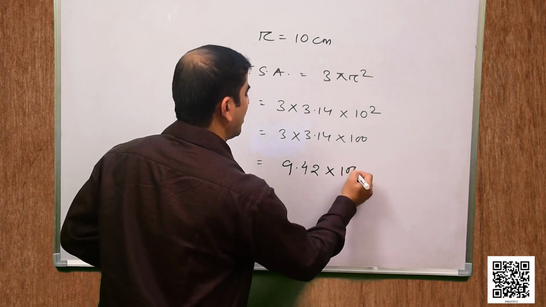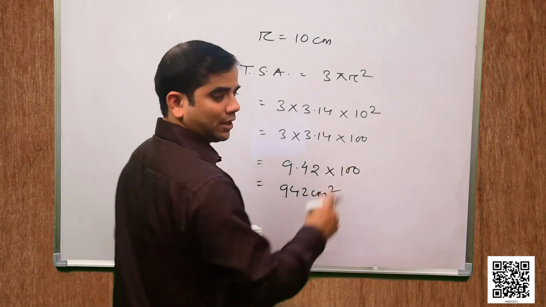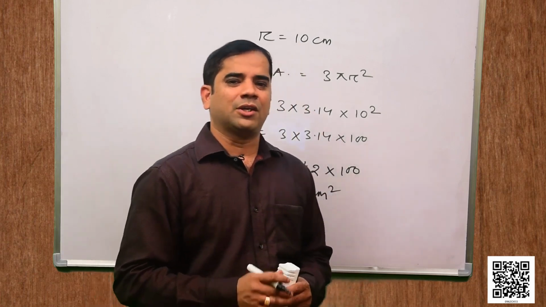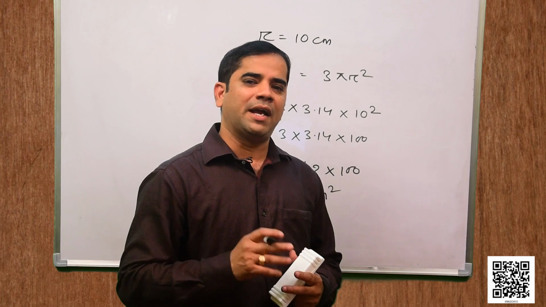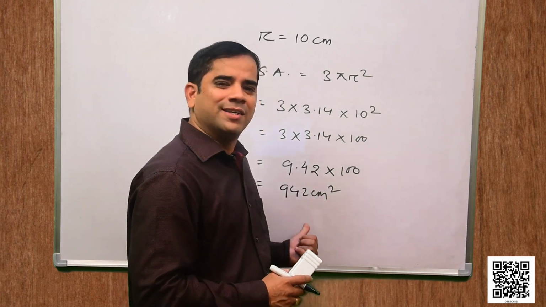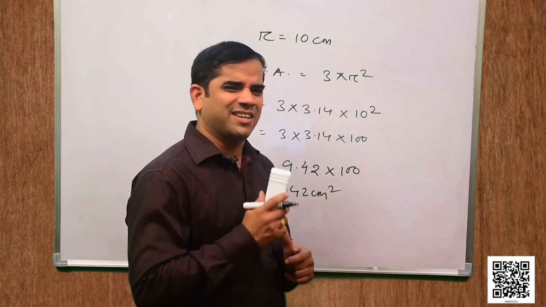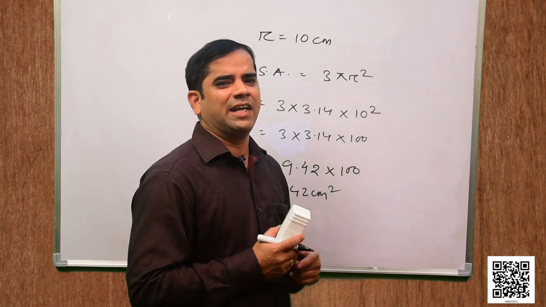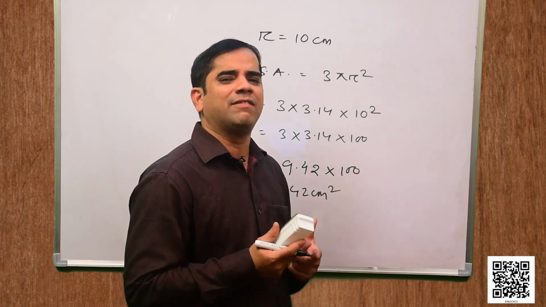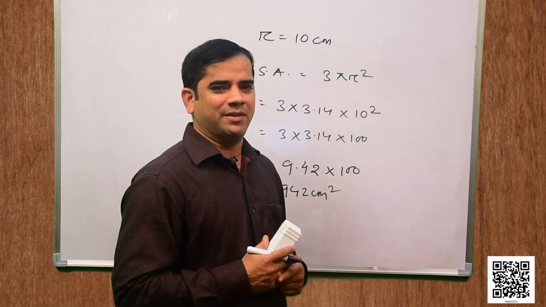That is 9.42 into 100, that is 942 centimeter square. So, the total surface area of the hemisphere of radius 10 centimeter is equal to 942 centimeter square. Is it too easy? Yes, because we know the formula, and if we have the radius, then we can very well find the total surface area of a hemisphere.